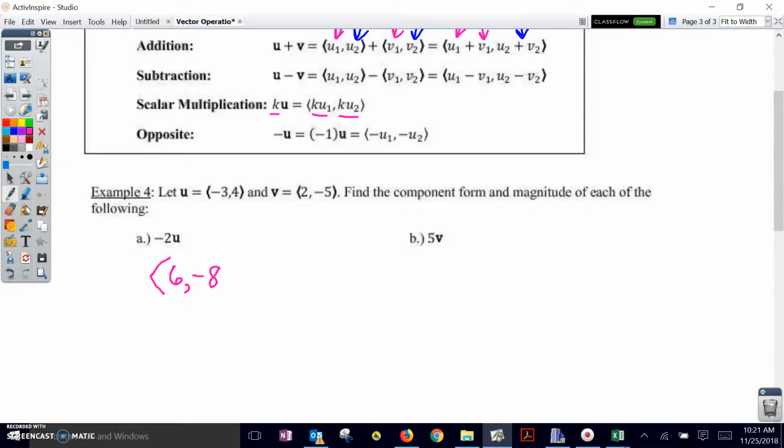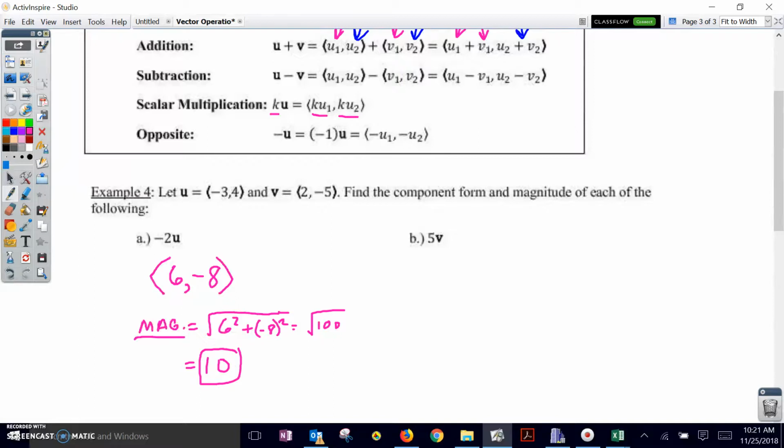And so the vector -2u has component form <6, -8>. The magnitude of this vector is going to be equal to the square root of 6 squared plus -8 squared. If we calculate that out, that's the square root of 100, or 10. So the magnitude of that vector is 10.